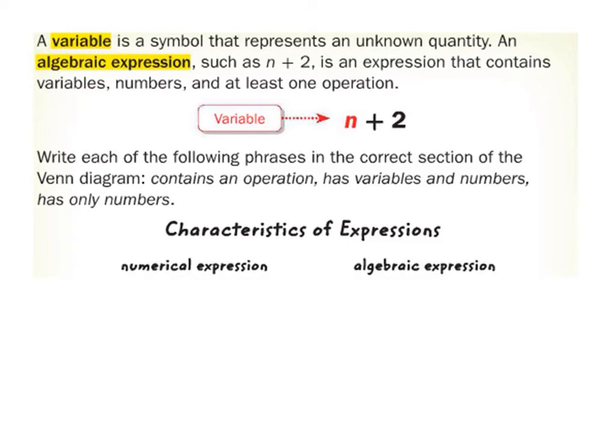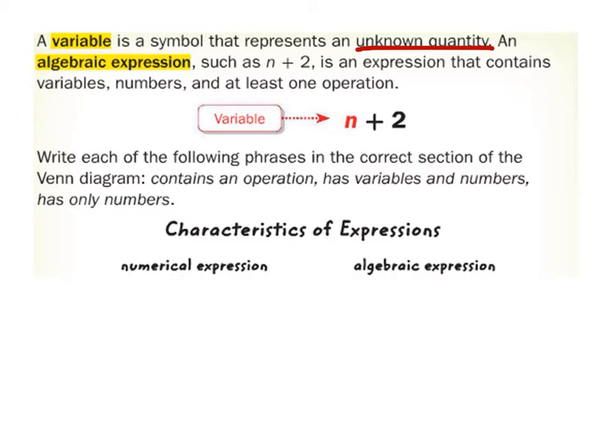All right, real quick, a variable is just an unknown value. Technically, it should be an unknown value that can change, but in this case, we'll just say it's an unknown value, okay? Because in the book it says it's an unknown. Well, quantity means value. It's one of those math words that we try to confuse people with, okay?